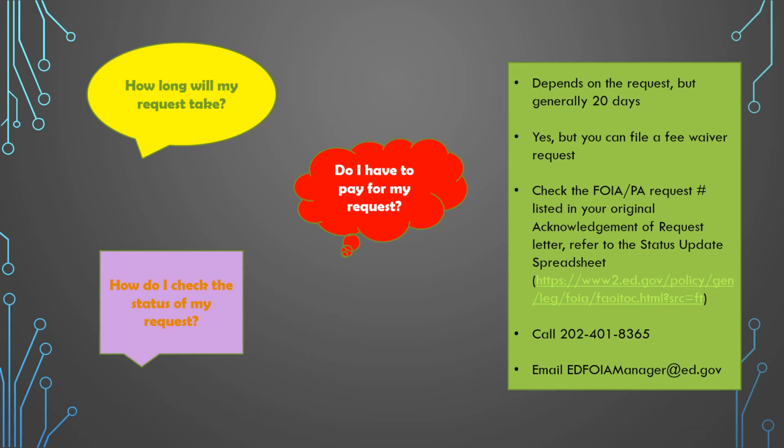So when they acknowledge that they've received your request through whichever method you submitted, you're going to get a number. And there's an actual spreadsheet that you can go to and check. You can see this link here, or you can call, or you can email as well. But again, the important thing is that you have that acknowledgement request number, so that way they can search your specific request.